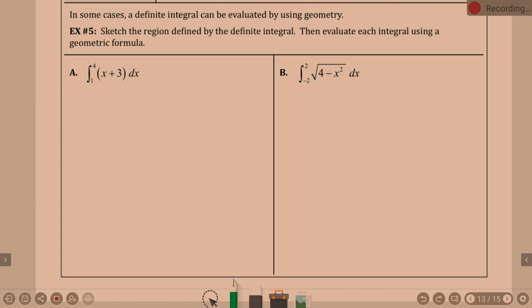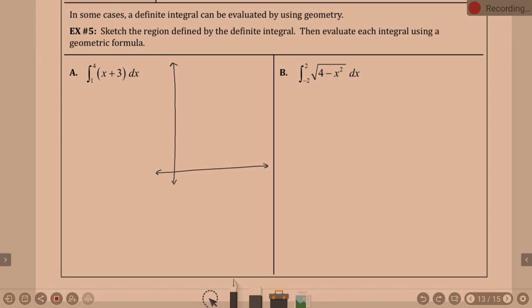So, x plus 3. What does x plus 3 look like? What is y equals x plus 3? A line that goes through the origin, right? Nope. The y-intercept is 3.